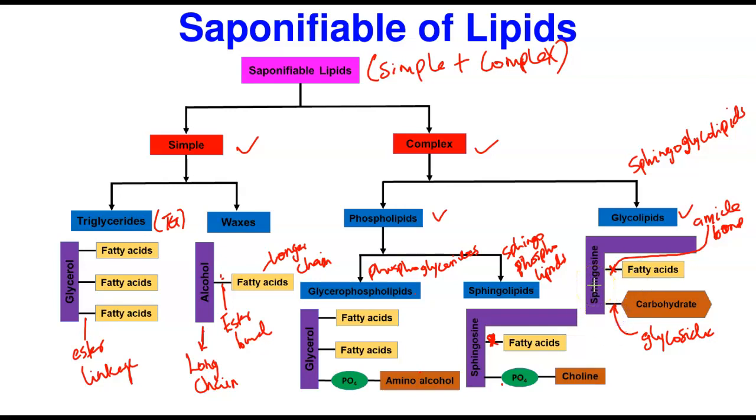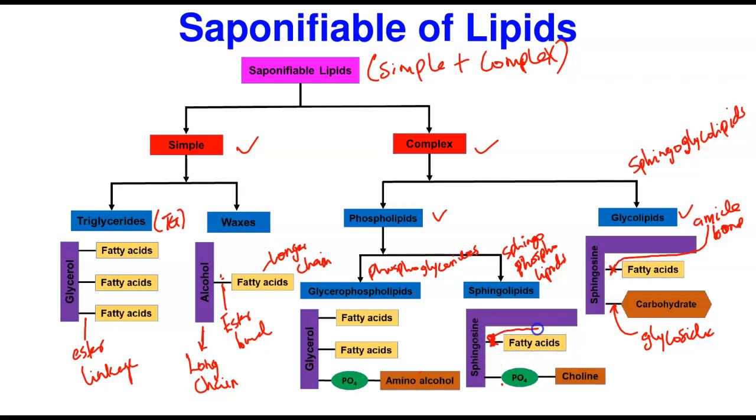Now, let me walk back this one. In sphingolipids here, now see. Now, this fatty acid does not have an ester bond here. Now, the carbon number 2 of sphingosine has an amino group. That amino group is connected to the carboxylic group of the fatty acid to form the amide bond, like I showed you here.